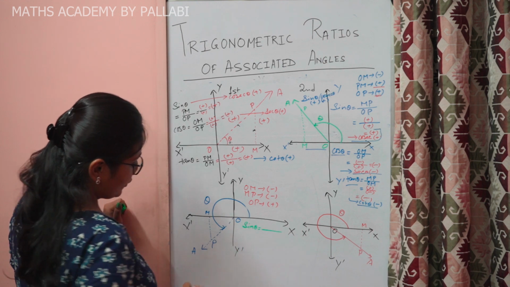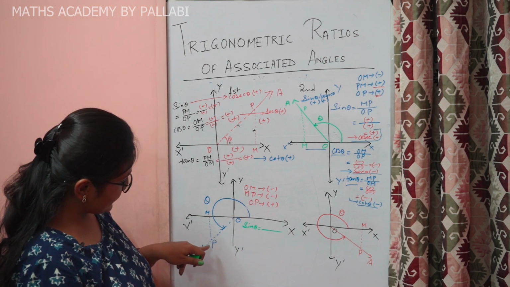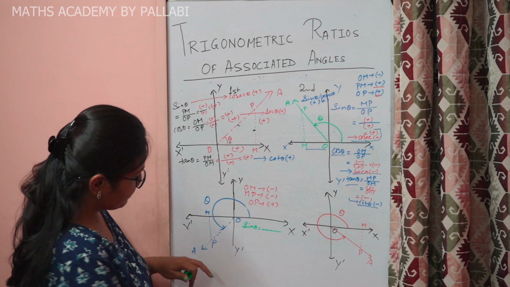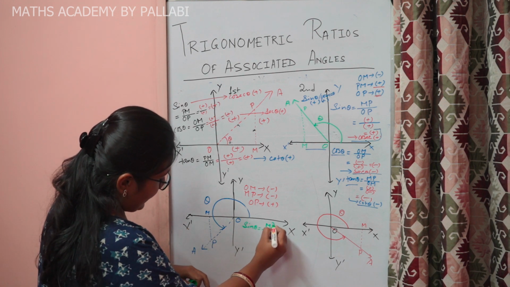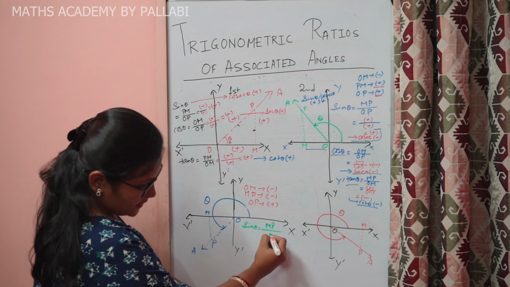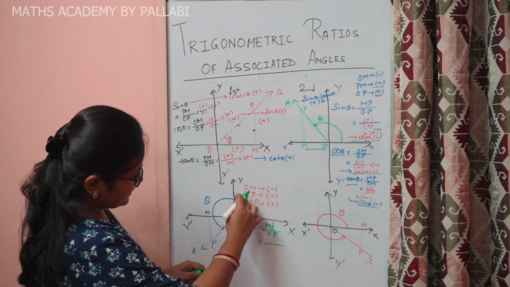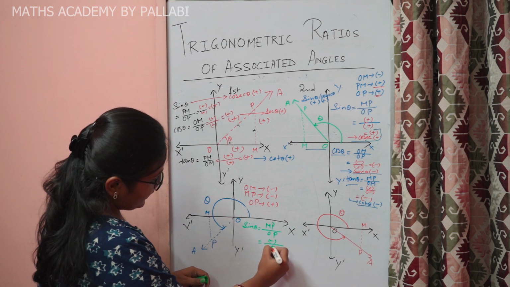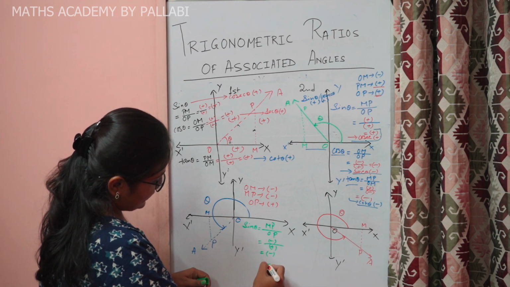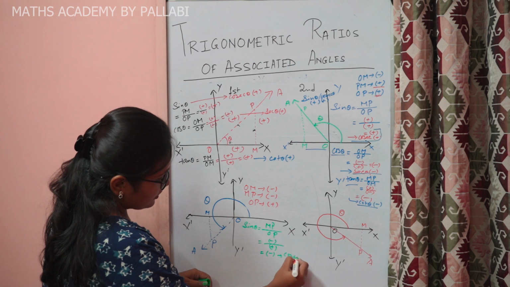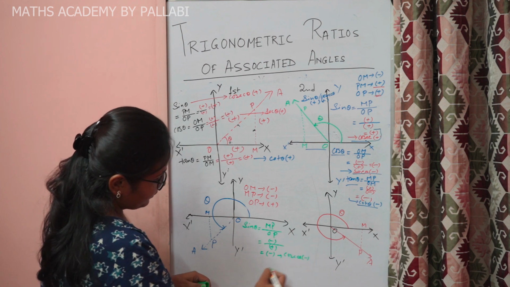Sin theta will be perpendicular by hypotenuse. Here perpendicular is MP, hypotenuse is OP. MP is negative, OP is positive, so it will be negative. The same holds for cosec theta.